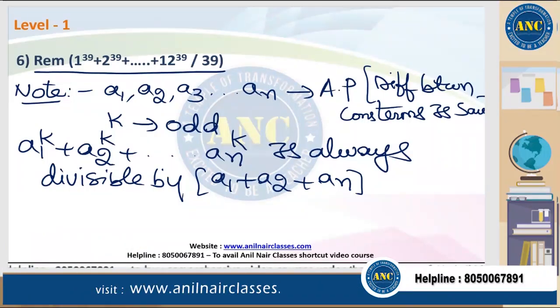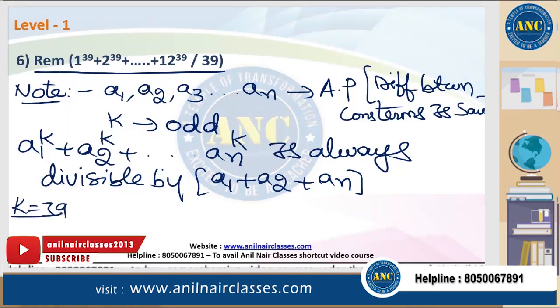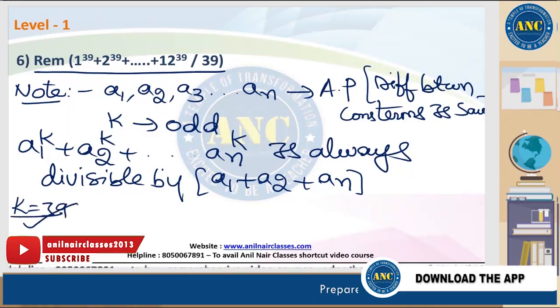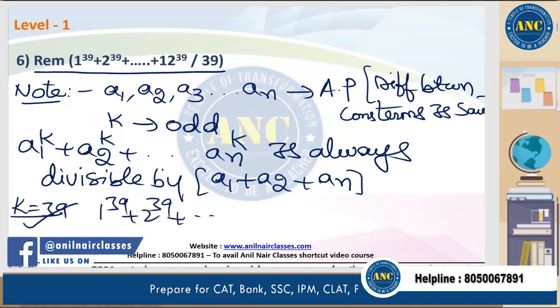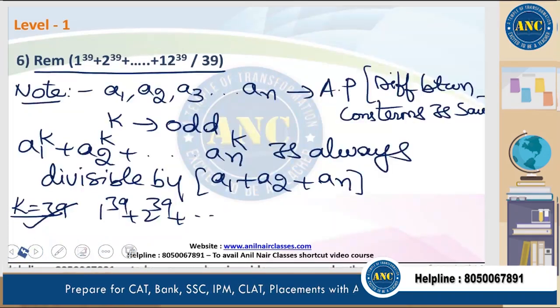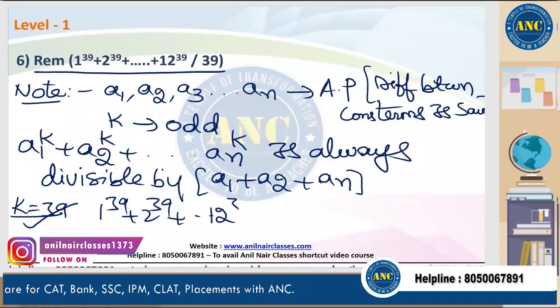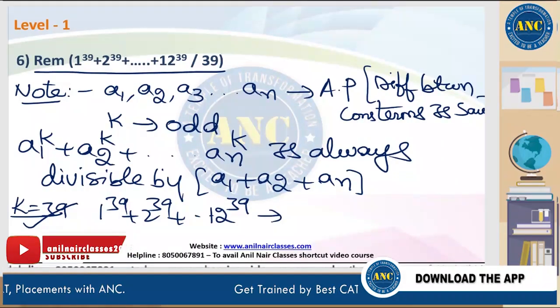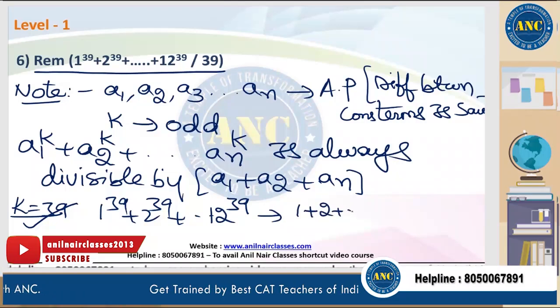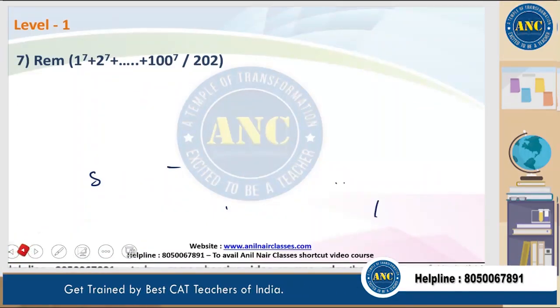So if I take the power k as 39, which is an odd number, the first property is satisfied. 1 power 39, 2 power 39, up to 12 power 39. 1, 2, 3 till 12 are all in arithmetic progression, so it is divisible by the sum of the bases, 1 plus 2 and so on up to 12.